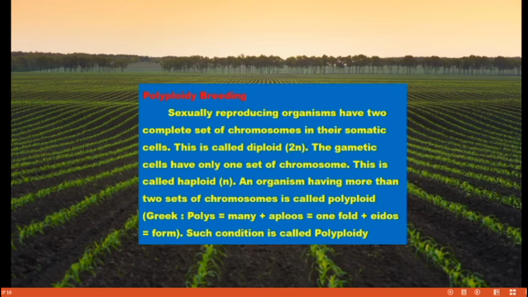Look at the Greek words: poly means many, aplos means one fold, eidos means form. Such a condition is called polyploidy. It's a very simple idea: more than two nuclei we call polyploidy.